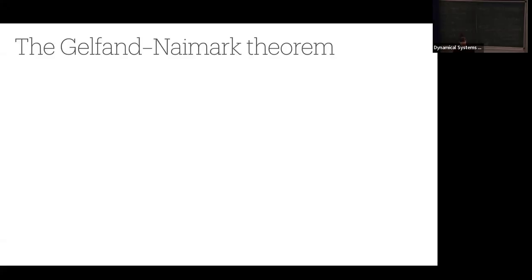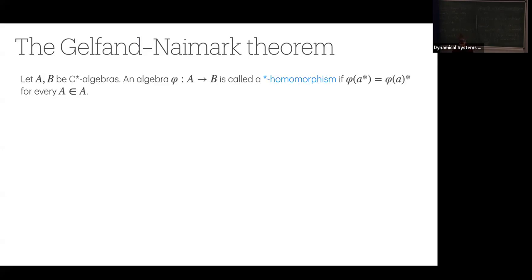Okay, so one of the most important and celebrated results in C-star algebra theory is the Gelfand-Naimark theorem. So let me introduce star homomorphisms. These are exactly what you think they should be. They're going to be algebra homomorphisms between our C-star algebras that preserve the adjoint. Notice that I don't ask that it's continuous.